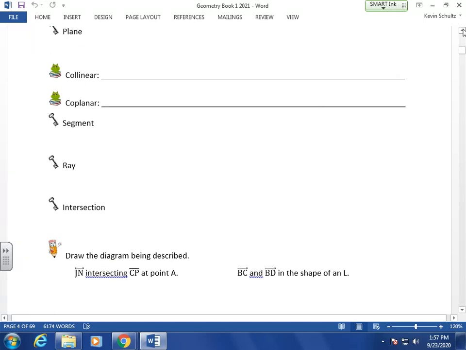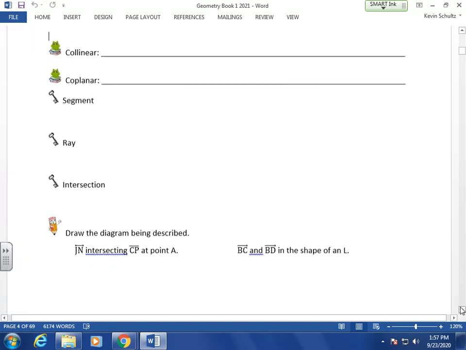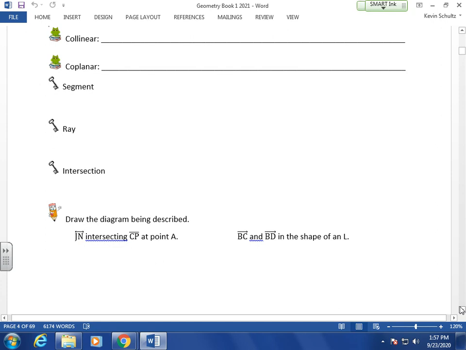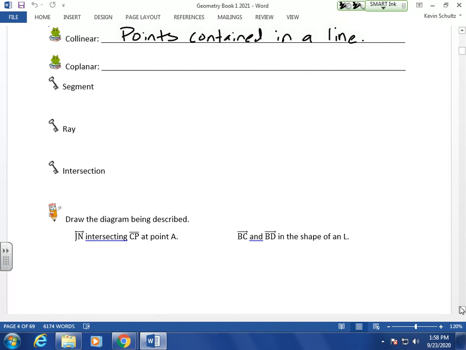So collinear, I should scroll down a little more. We define that already as points that are contained in a line, or points that make a line. Coplanar would be points that are contained in a plane.